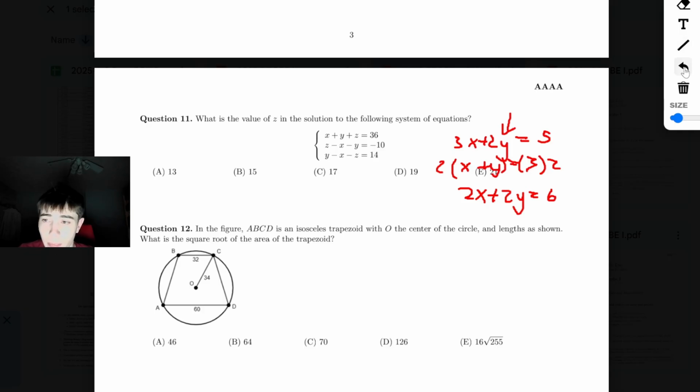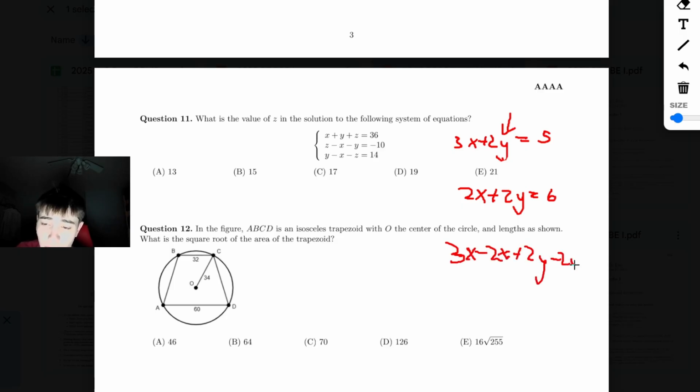Since we have 2y in both of these equations, if we take the difference, then we'll have 3x minus 2x plus 2y minus 2y equals 5 minus 6, right? And so these 2y terms will go away, and then 3x minus 2x will become just x, and 5 minus 6 is negative 1, so we solve for x.